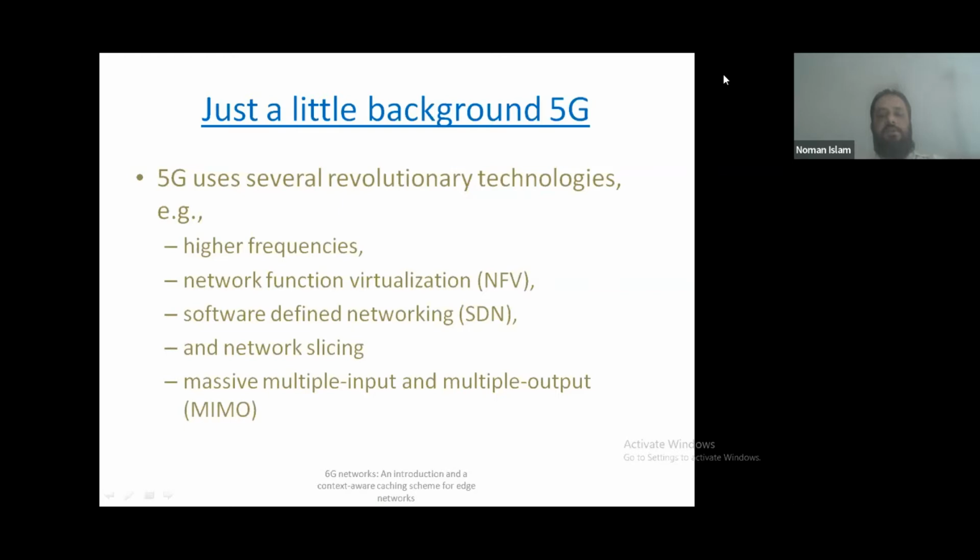The whole network architecture is based on software, and we have the concept of network slicing, different slices for different groups of users, massive MIMO, multiple input, multiple output MIMO based antennas, in which we have multiple array antennas, and they will be using a spatial access technology to simultaneously transmit the data using different antenna elements. The data will be simultaneously transmitted.